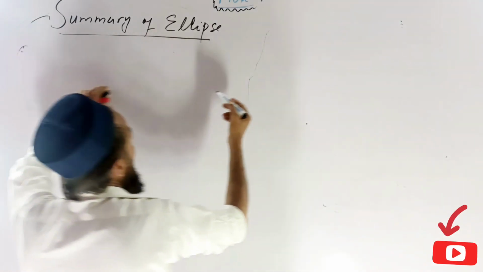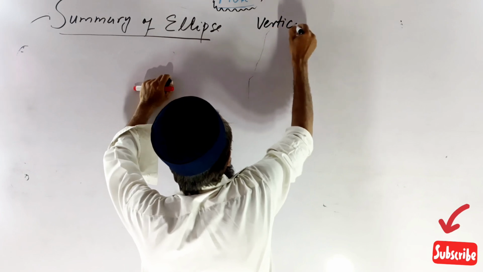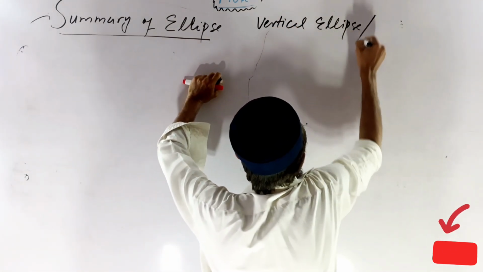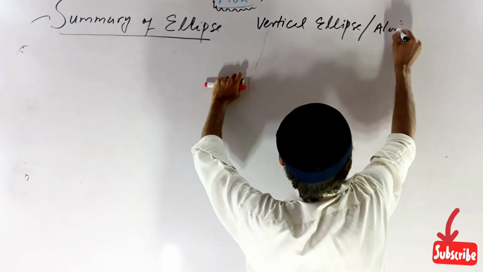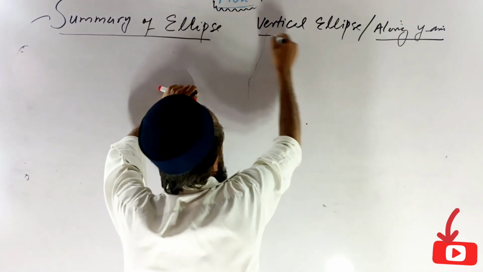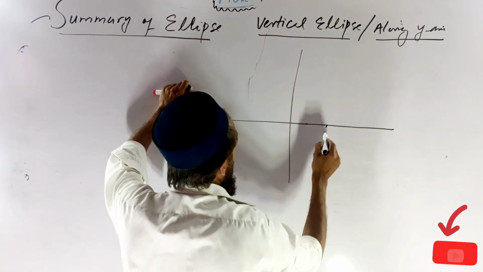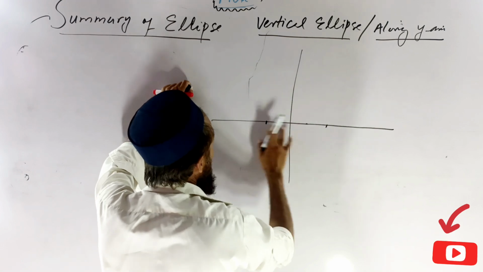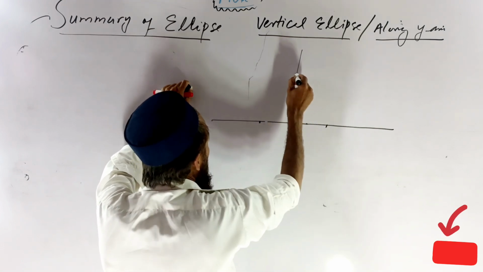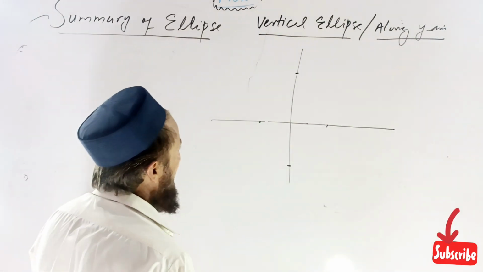Now we look here along the vertical ellipse, or along the y-axis. Now the distance between these 2 points is small in comparison to the y-axis length, which is the maximum distance.